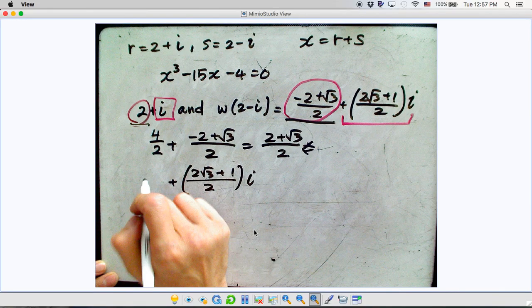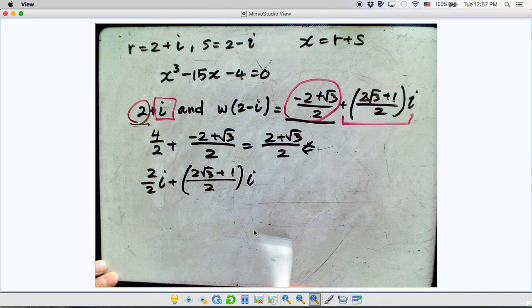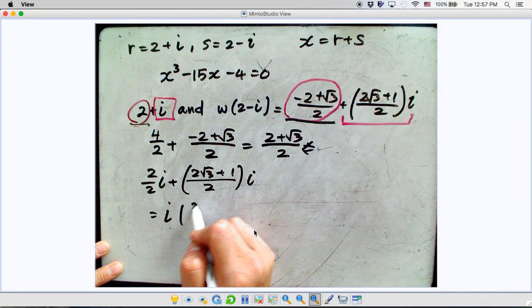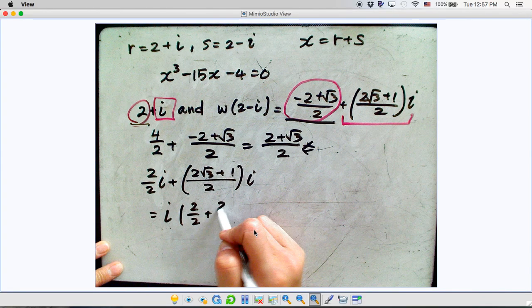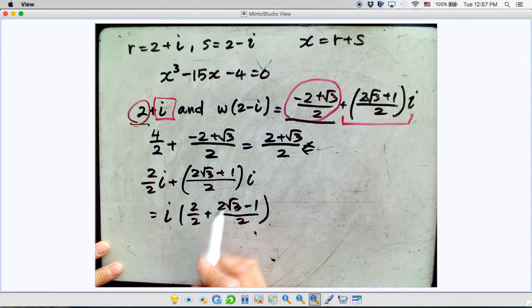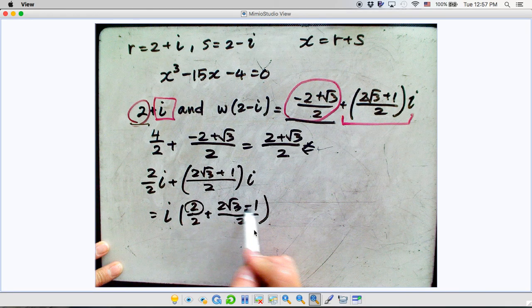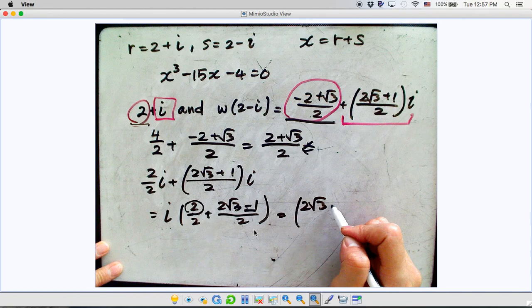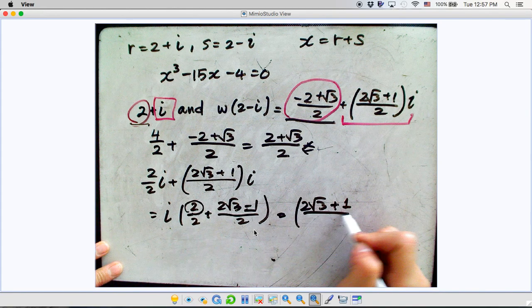I'm going to factor out i in front, so I'm going to have 2 over 2 plus 2 square root of 3 minus 1 all over 2, which I add as 2 plus negative 1, so we have 2 square root of 3 plus 1 all over 2 times i.